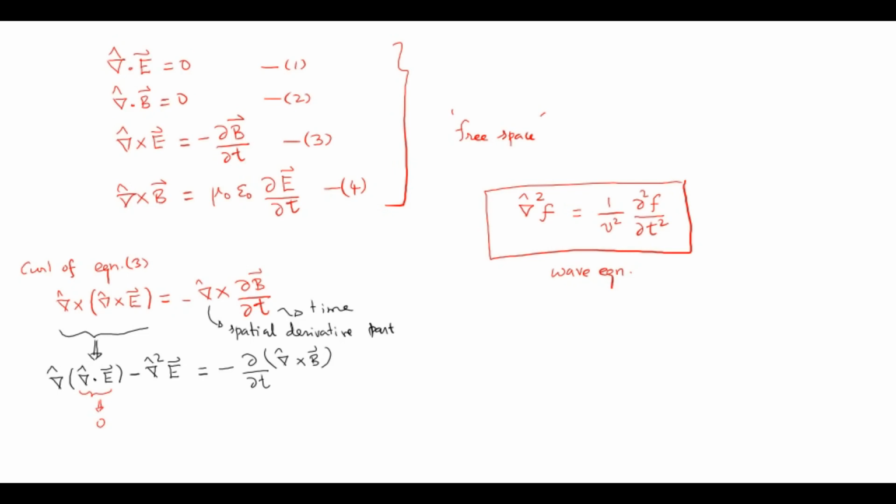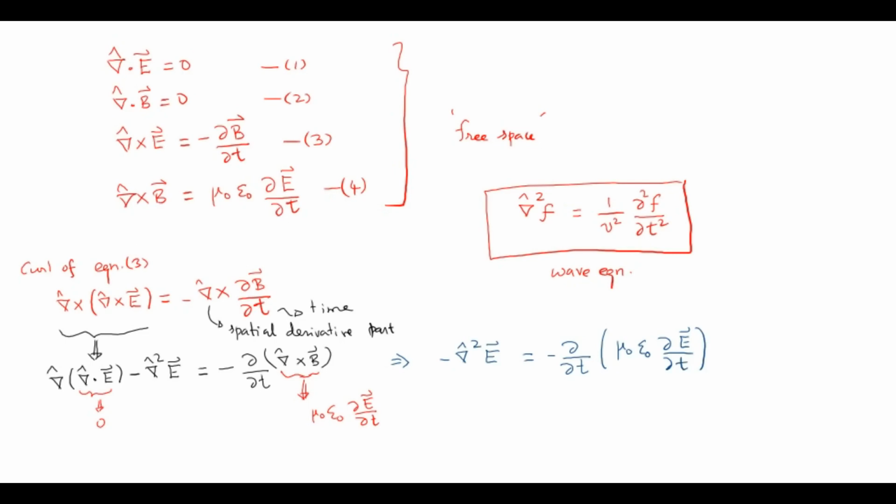Now here I apply equation number 4, that is mu naught epsilon 0 partial E vector with respect to t. Applying this, the term can be written as minus del square E, because the first term is 0 and only the second term remains, which is equal to minus partial derivative with respect to t of mu naught epsilon 0 partial E with respect to t.